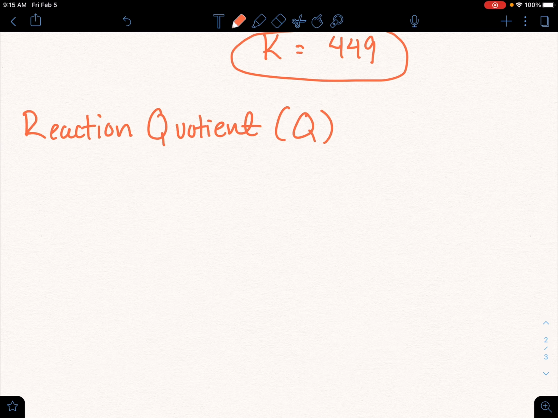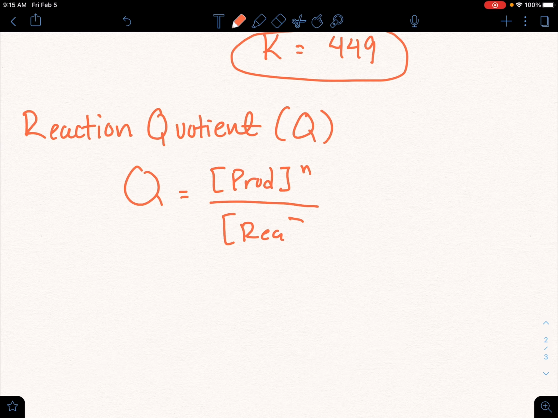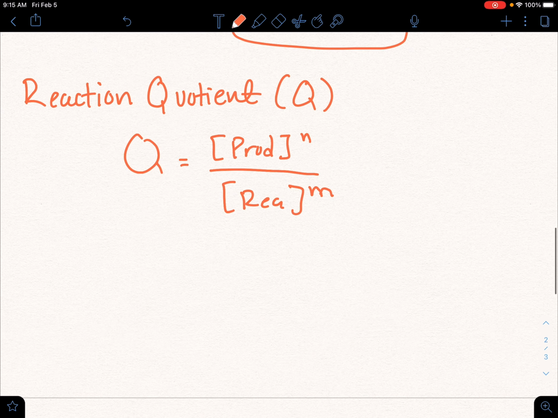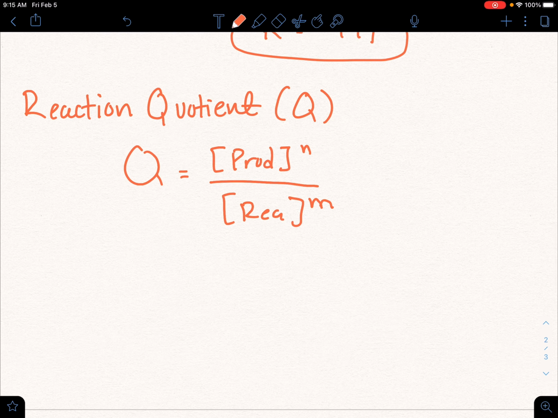So Q is just like K, but we don't know if it's at equilibrium. It's for an arbitrary reaction at some state. It's again the same thing: products over reactants. So the concentrations used in calculating Q are most likely not at equilibrium. We're trying to figure out where it is in the reaction space.